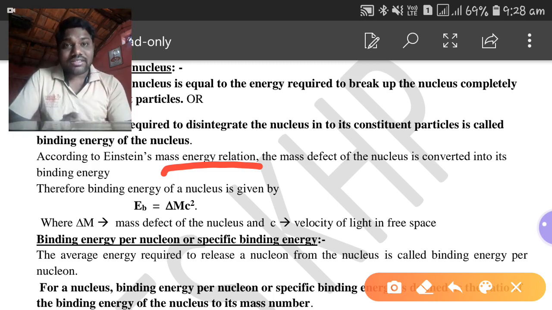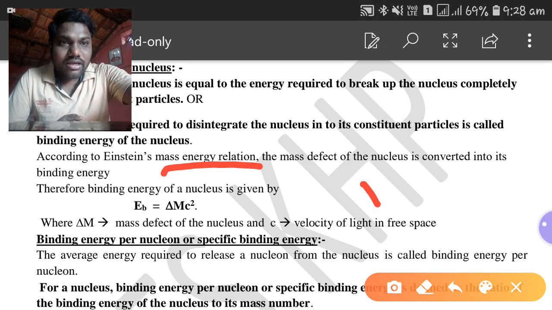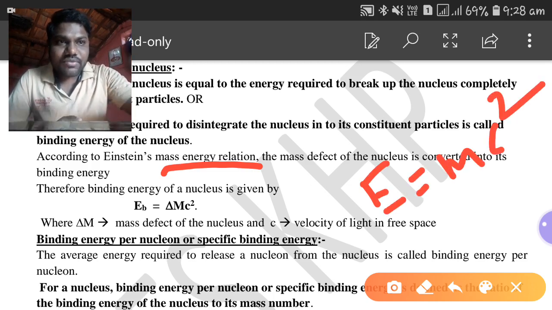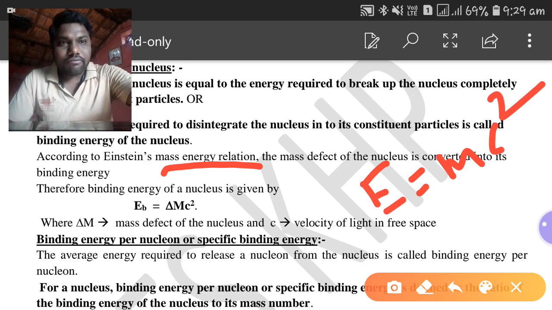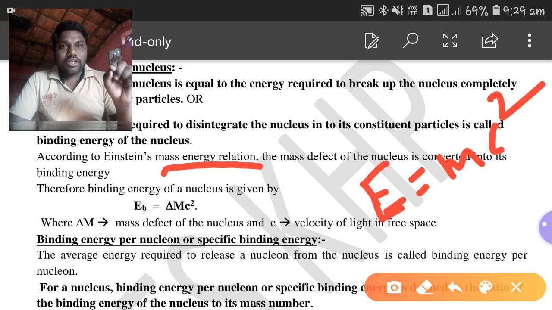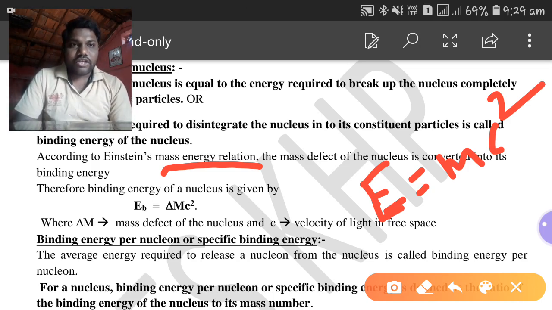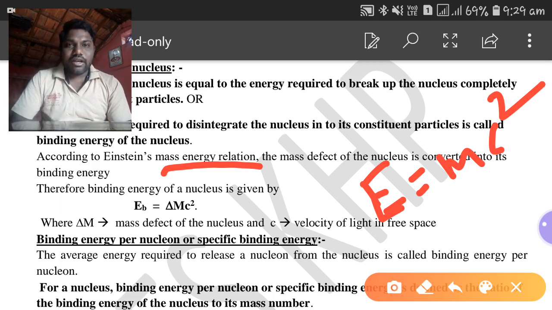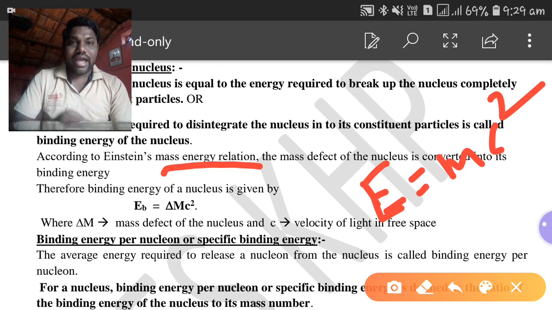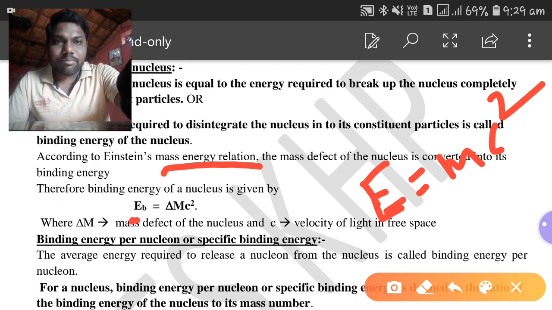we know that the mass energy relation is given by E is equal to mc square, where E is energy, m is mass, and c is the velocity of light in vacuum. Is it clear? Now the binding energy is given by Eb, where Eb is the binding energy.